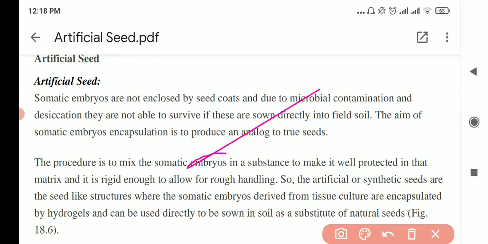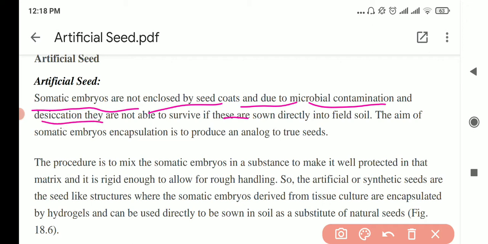Here we say that somatic embryos are not covered by a seed coat, and they can get contaminated by microbes. They can get contamination from the air by the fungus or the bacteria in the air, and they will dry out, they will desiccate.